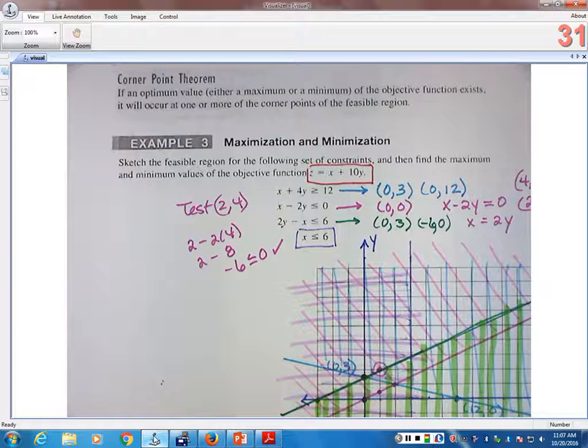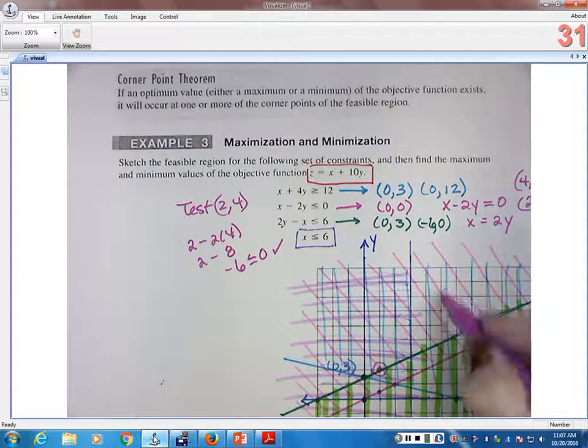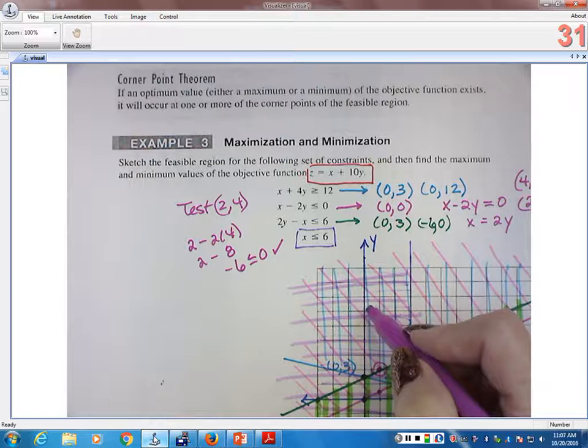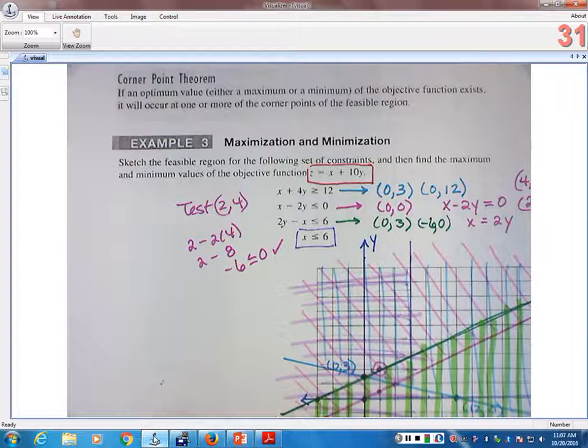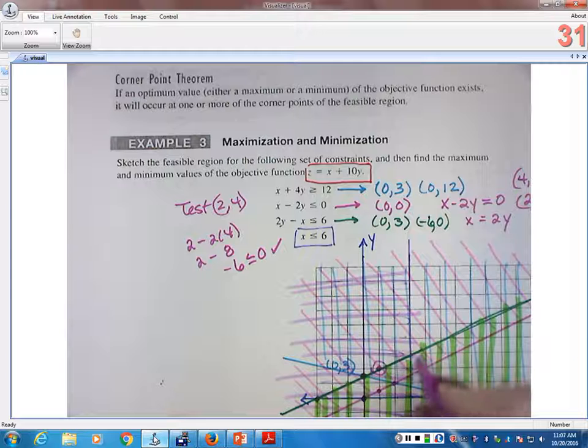So my solutions are going to be everywhere that I see purple and pink and blue and green. So not here, not here, but only right in here.